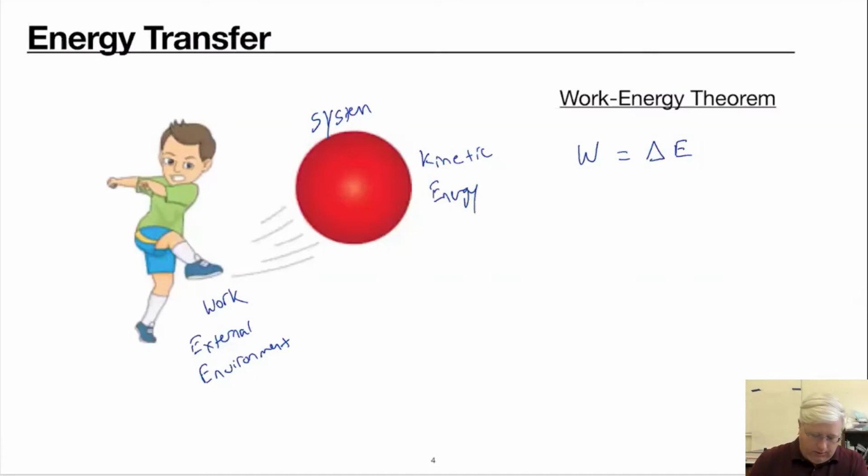It's not like the foot had to physically touch the ball forever. It was in contact with the ball for a certain amount of time and over a certain distance. So there's a certain distance over which the kick is being applied to the ball.